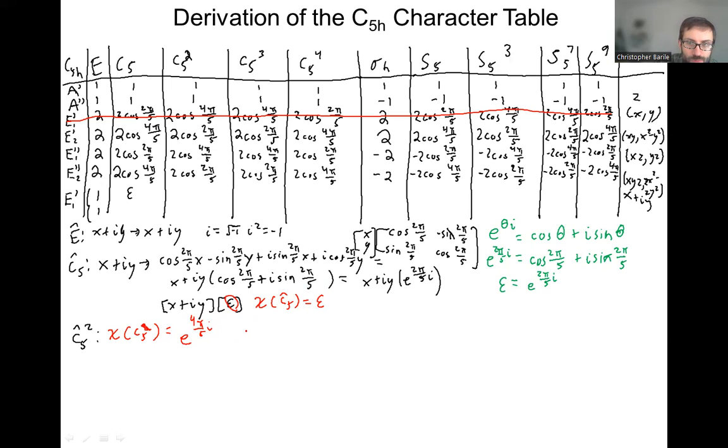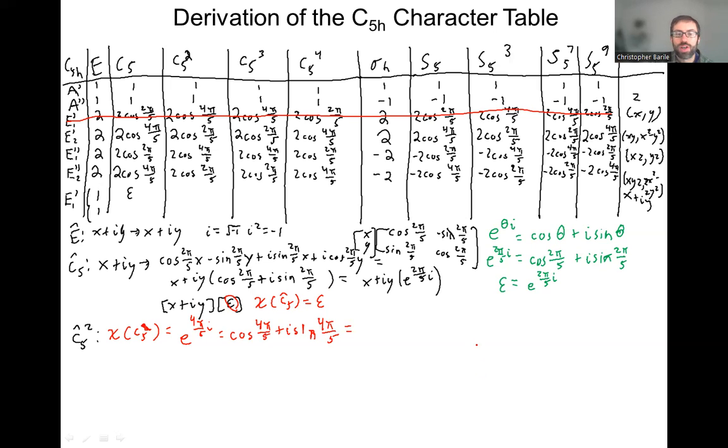And what we're going to do is actually just evaluate that. So that equals cosine 4 pi over 5 plus i sine 4 pi over 5.